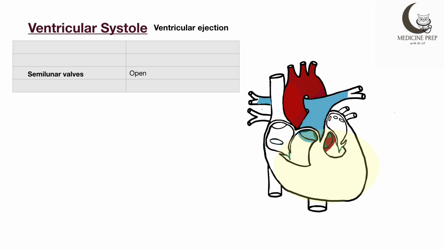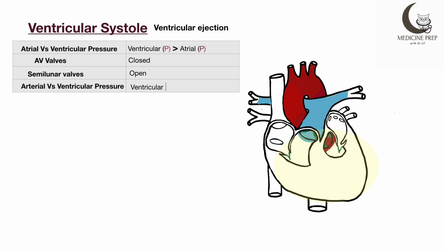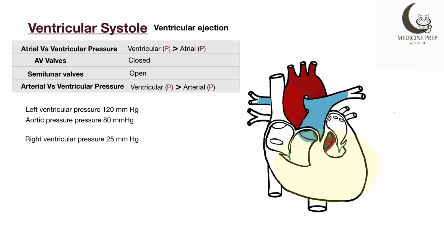Now, this flow is initially rapid and gradually it becomes slow. So during this phase, your AV valves are closed because no blood is flowing from the atria into the ventricles, and your atrial pressure will be lower than that of the ventricular pressure. And this is represented in the ECG as the QRS wave.